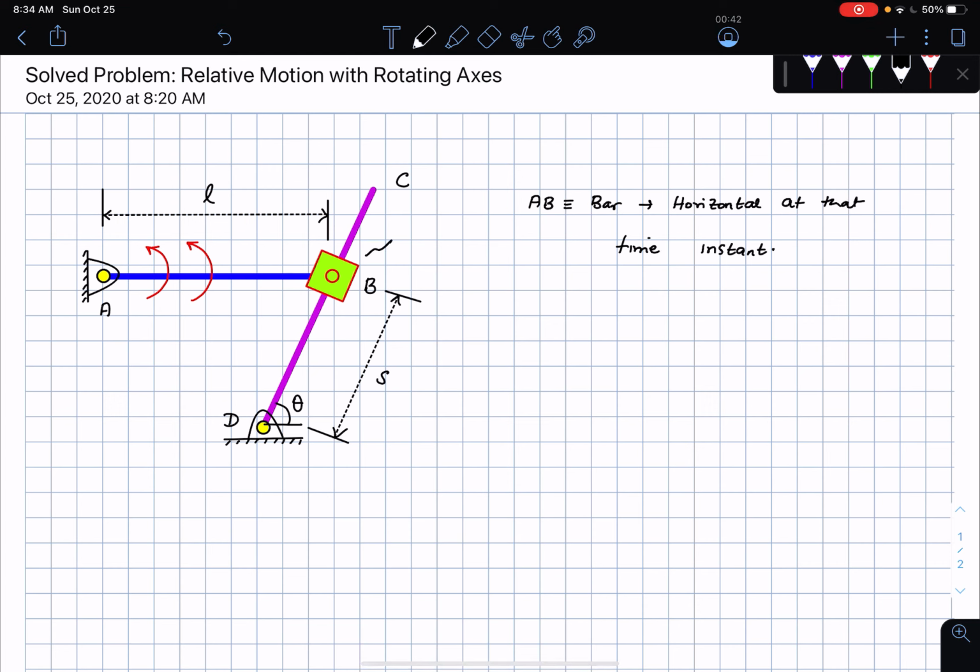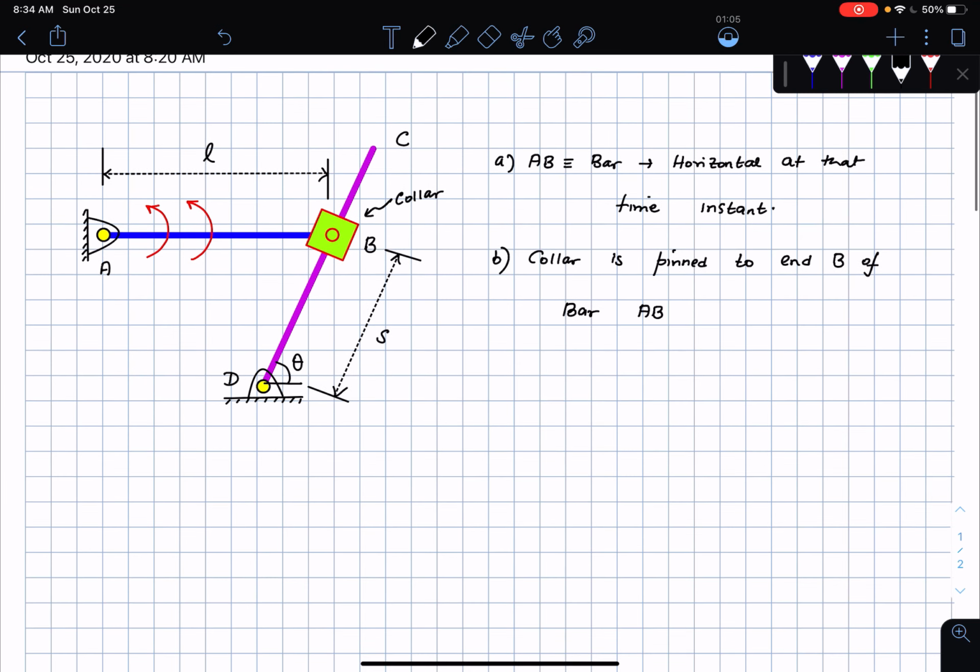This is the collar, which is appended to the end B of bar AB. So this is the information that is being written out based on the problem.